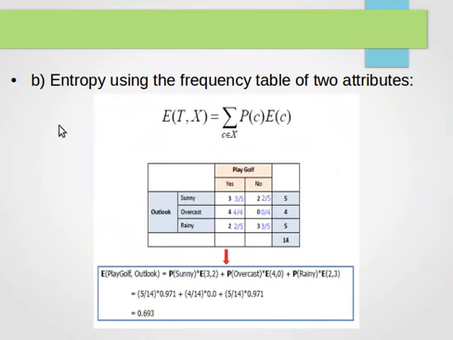The second one now is entropy using the frequency table of two attributes. Let's say for example we split using Outlook. Now focus on this frequency table for the Outlook, and notice the counts. We build the frequency table against the class values, and now we're only concerned about the rows.